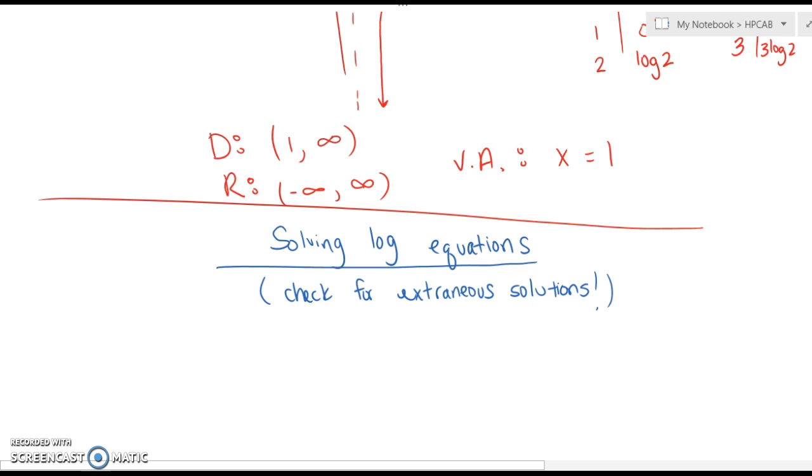Alright, going into this, remember, when it comes to logs, the base must be non-negative.